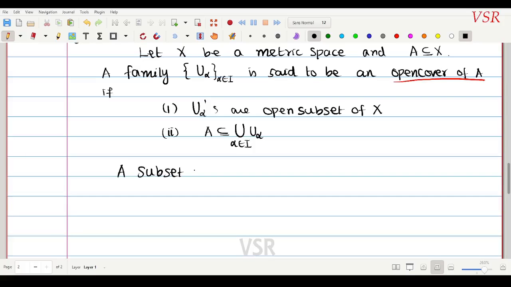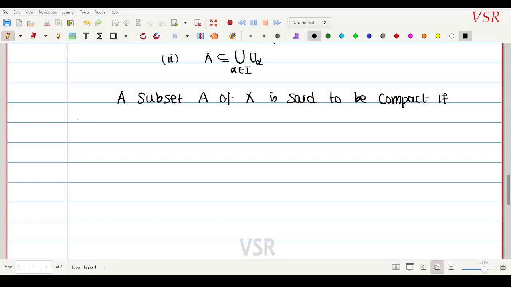Now we come back to the definition: a subset A of X is said to be compact if every open cover of A has a finite subcover.